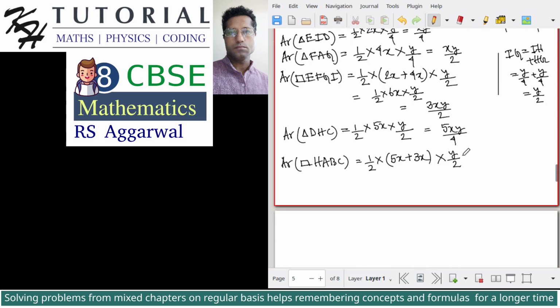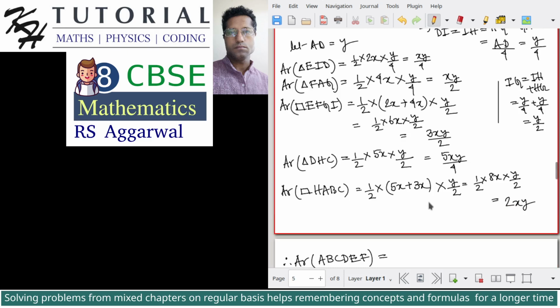y by 2. This is equal to half, 8x multiplied by y by 2, which is equal to 2xy. So therefore, the area of the total figure, that is hexagon ABCDEF, will be equal to the area of all these triangles and trapezium.